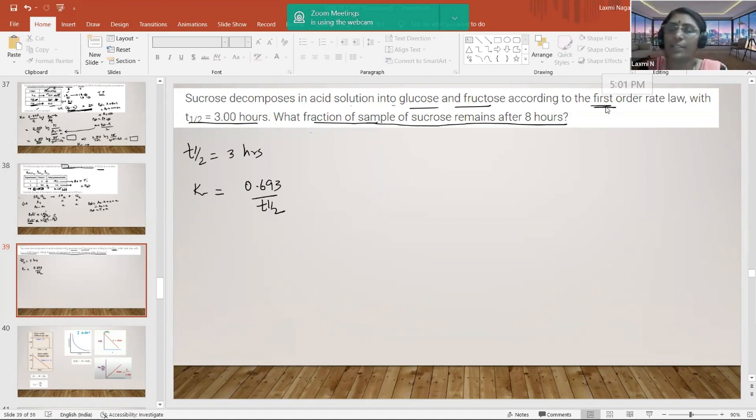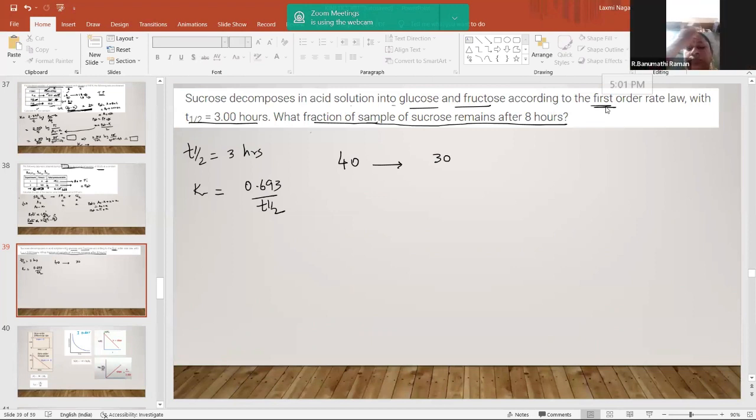What shall we do? Supposing in your class you have 40 students and some students went out to play. 30 students went out to play. What fraction of the students are left out in the class? 1/4.